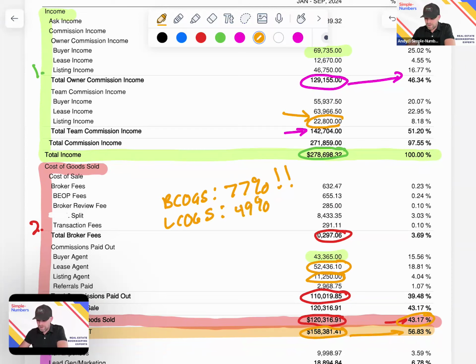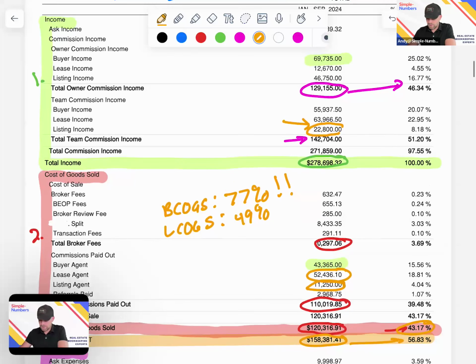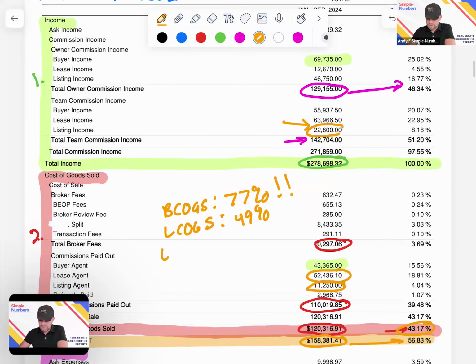It's better, but it's still not great. That should be more like the buyer side cost of goods sold. And then we have some lease as well. So the lease COGS in this case was 82% whenever a lease deal is done. So on average, it averages out to 77%.